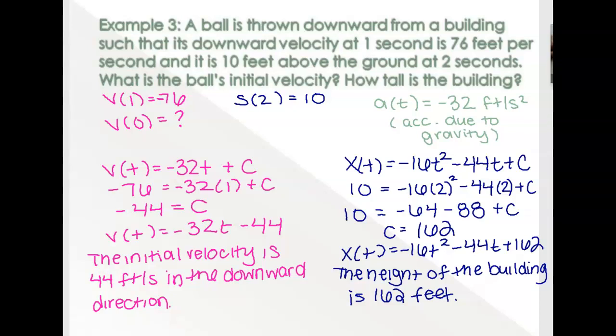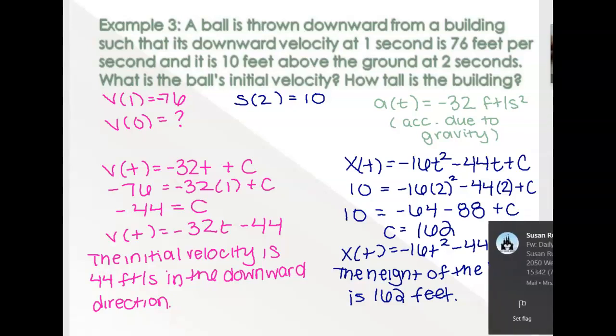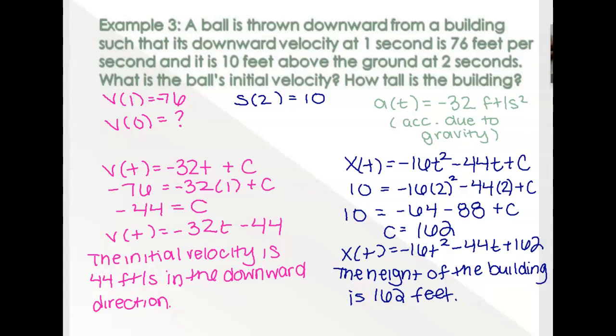So we get negative 64, negative 88 plus c. And then we're going to combine like terms and move that over to the other side. So negative 64, negative 88 plus 10 would give me a c value of 162.